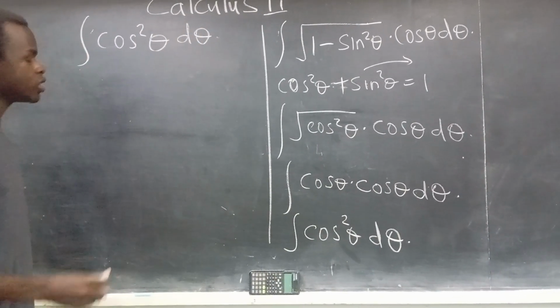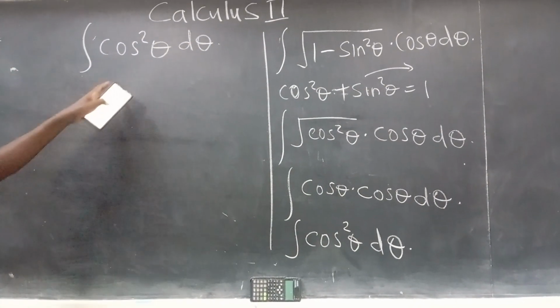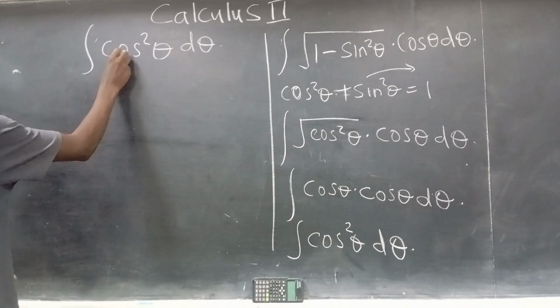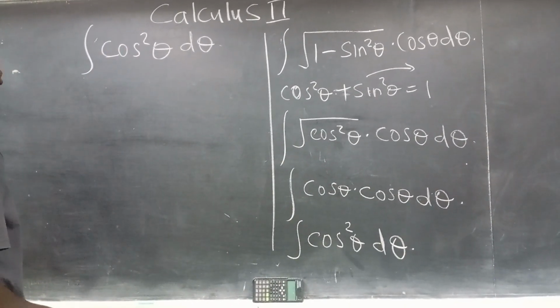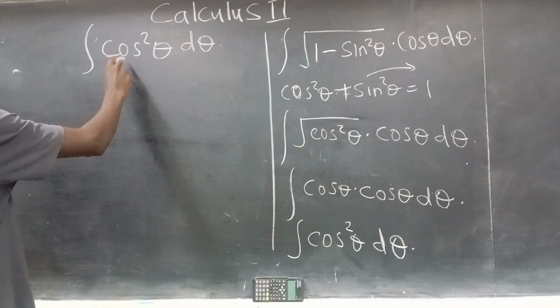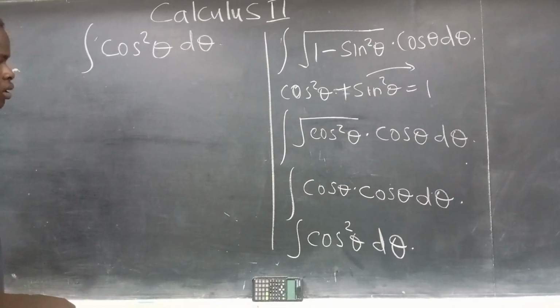In my video, you can check it out, we usually say this is an even power of cosine. So I'll replace my cos squared with the power reducing formula.